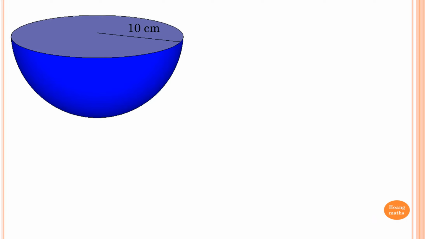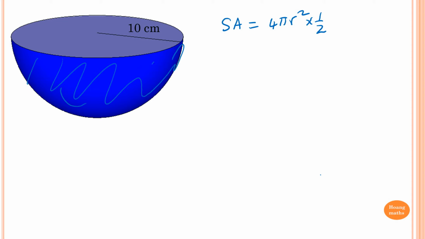To find the surface area of this half of a sphere, first of all, we know that the surface area of a sphere is 4 pi r squared. But at the moment, we only need to find half of it, so times by a half. That will give me all this surface area around the curve.